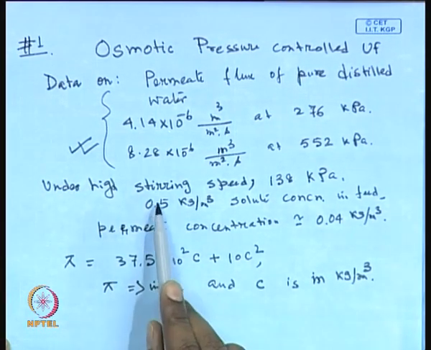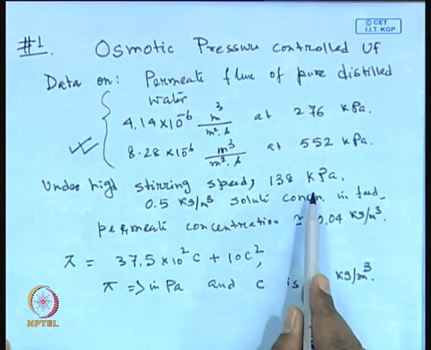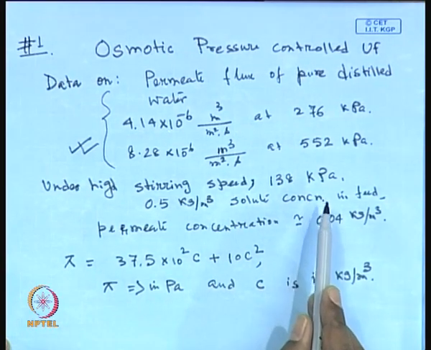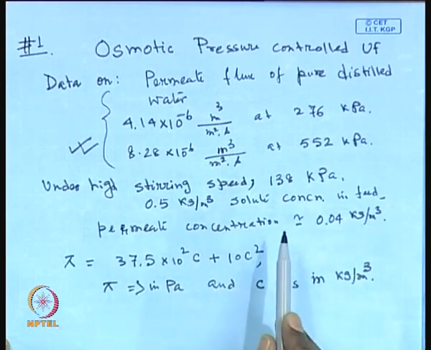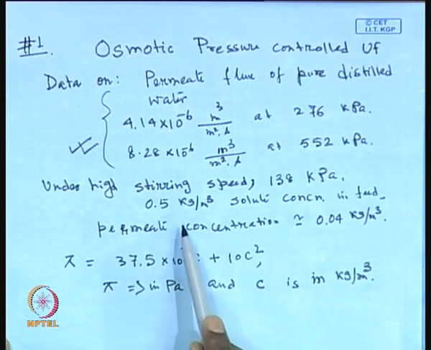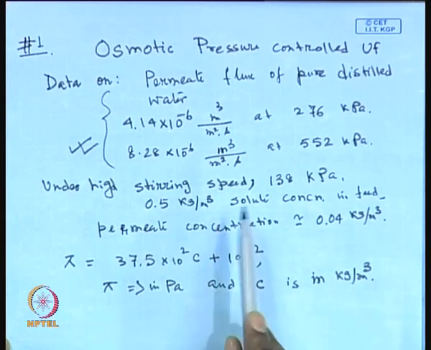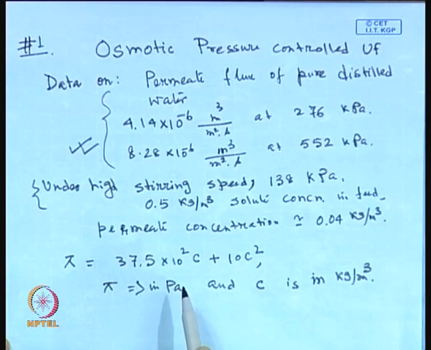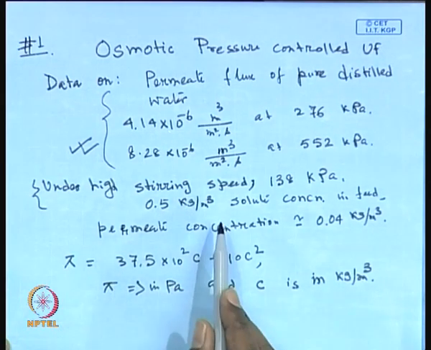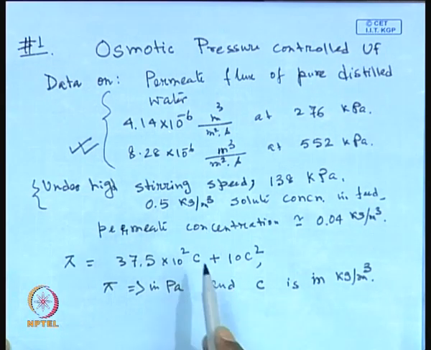Now, under high stirring speed and 138 kilopascal pressure, that is a very low pressure, and 0.5 kg per meter cube solute concentration in the feed, this is a very dilute solution. These conditions favor low concentration polarization.